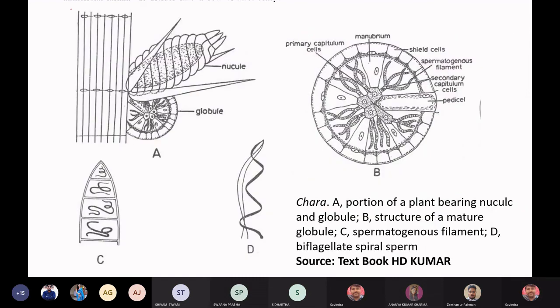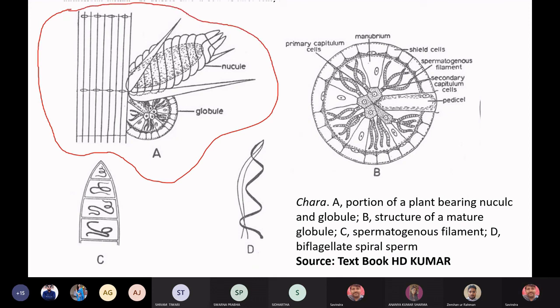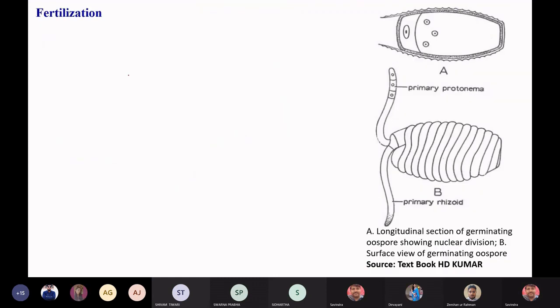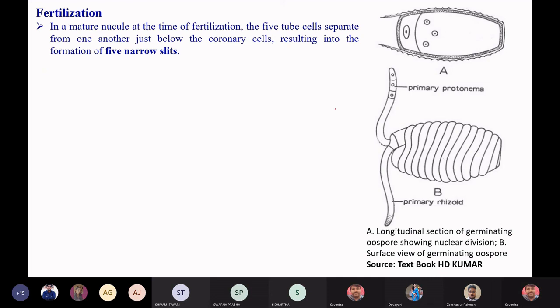The third diagram you will make is this diagram. So these three diagrams will be there, that's it from our side. The rest of the diagrams will be there for your theory purpose. We are telling you three diagrams only for your practical record, whatever you can observe under the microscope or by your naked eye.